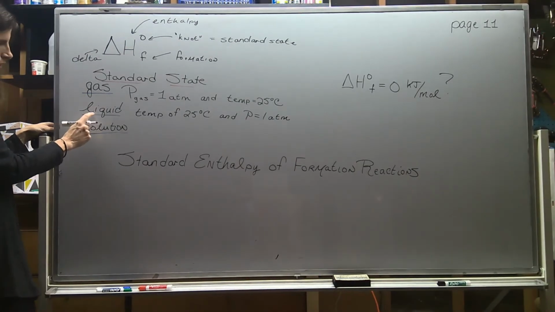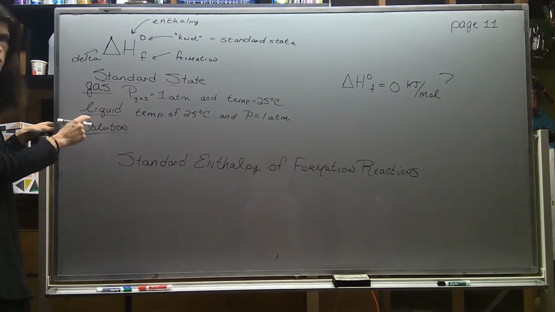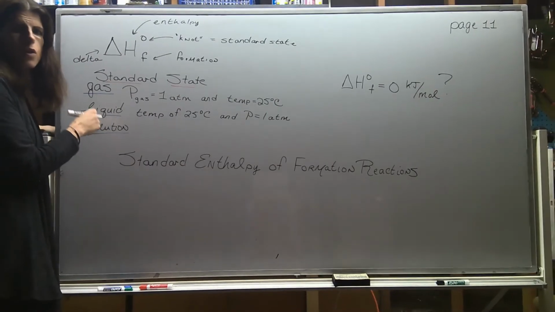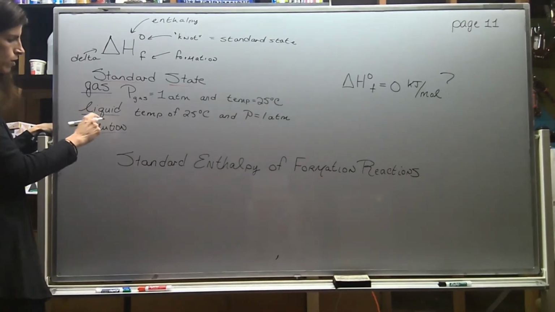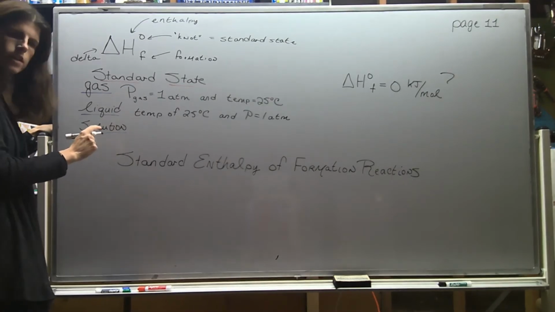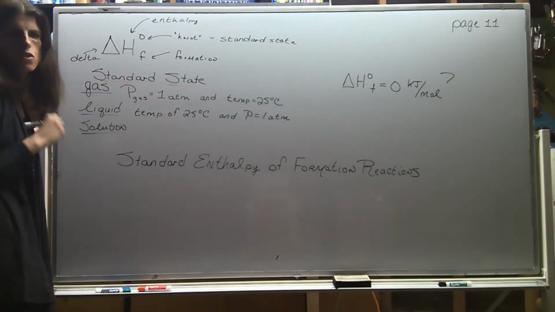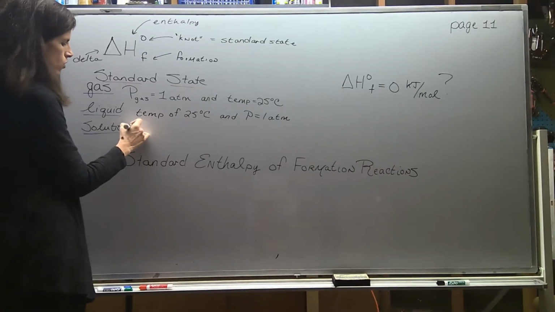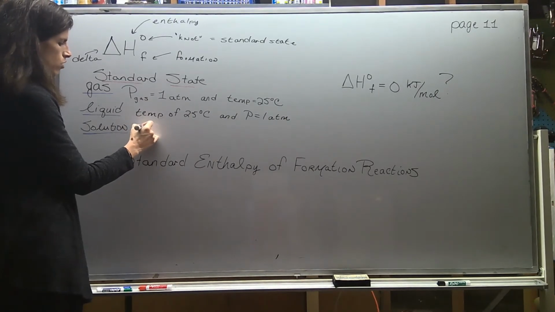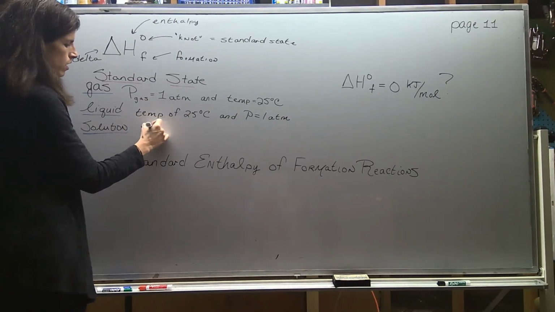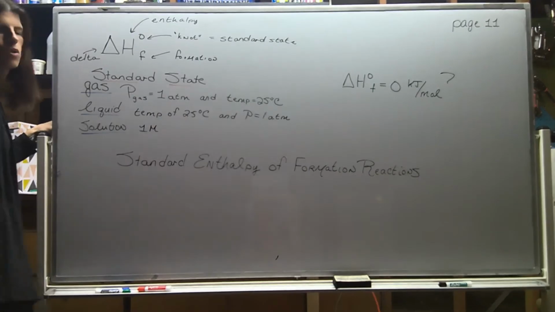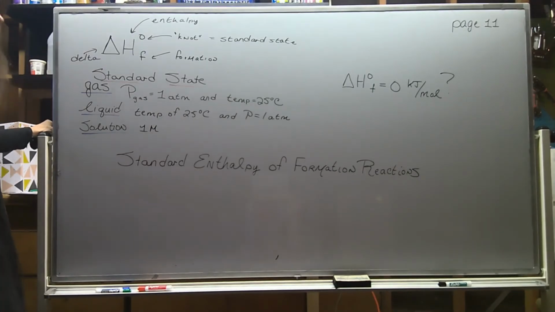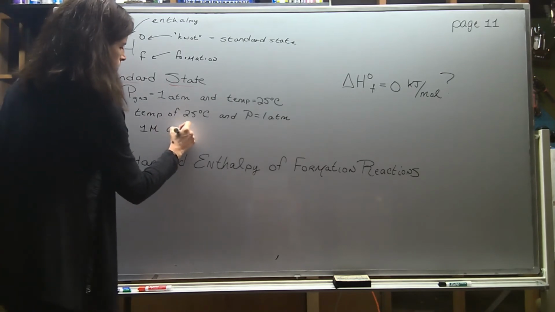So the difference between a liquid and a solution, right? A liquid is going to be pure, like water or ethanol, if you can have it pure. A solution is a mixture, so aqueous sodium chloride, for instance. So the main restriction here is that you want it to have a concentration of 1 molar, and then the other things would naturally apply as well, the 25 degrees Celsius and whatnot.